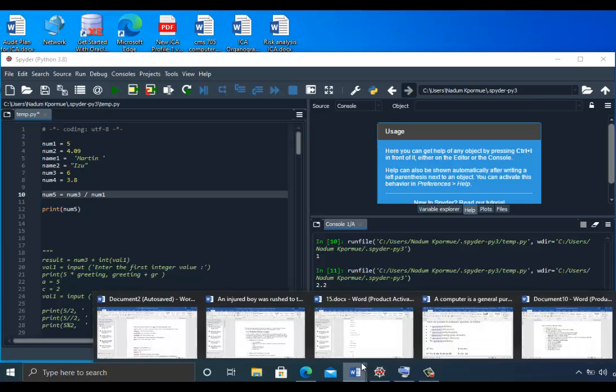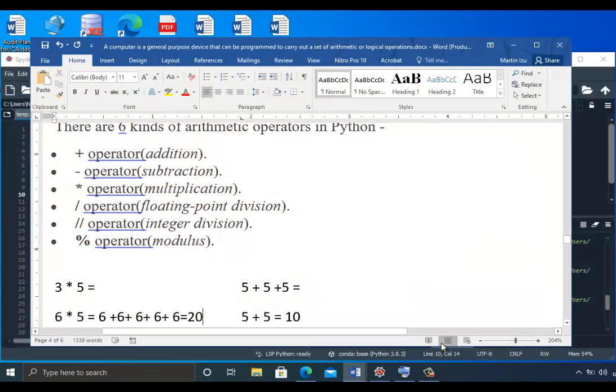The single forward slash is known as the floating point division operator. If you want to divide floating points, operands that have decimal parts, then you should use this division operator. But if they don't have a decimal part, then you should be using the other division operator. So let's look at their difference.